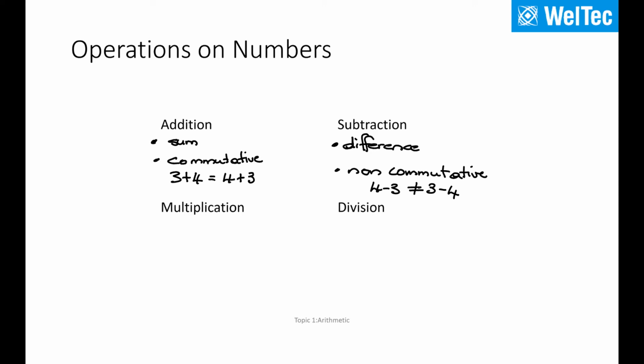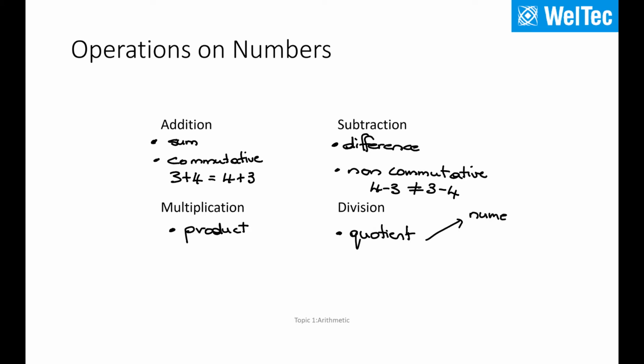When we talk about multiplication, another word for that is the product of two or more numbers or expressions. And when we talk about division, we talk about the quotient of two numbers. A quotient is really a fraction, but more on that later.